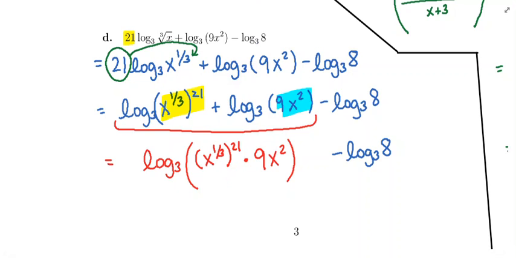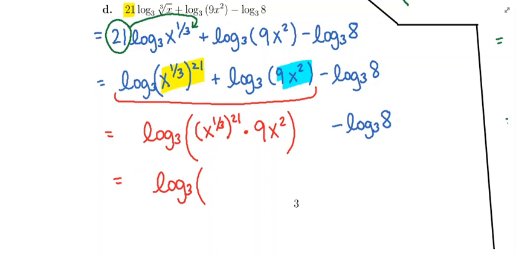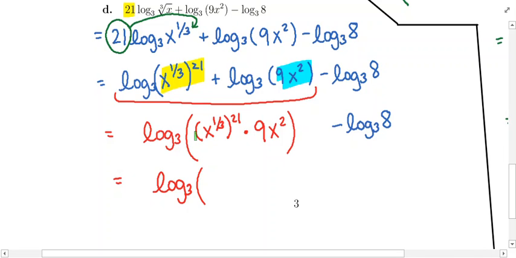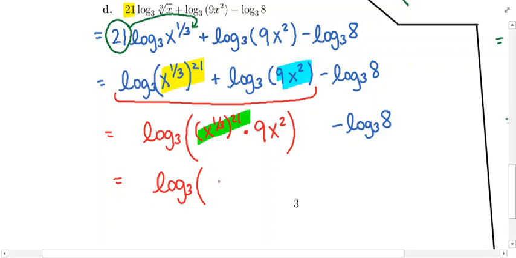Before we go on and combine the remaining two logarithms, I'm going to simplify what's in parentheses here. We've got log base 3 of, okay, here we go. The stuff that I'm highlighting in green, I've got x to the 1/3. That's a power raised to a power, x to the 1/3 raised to the 21st power. When you have a power raised to a power, remember your rule of exponents.